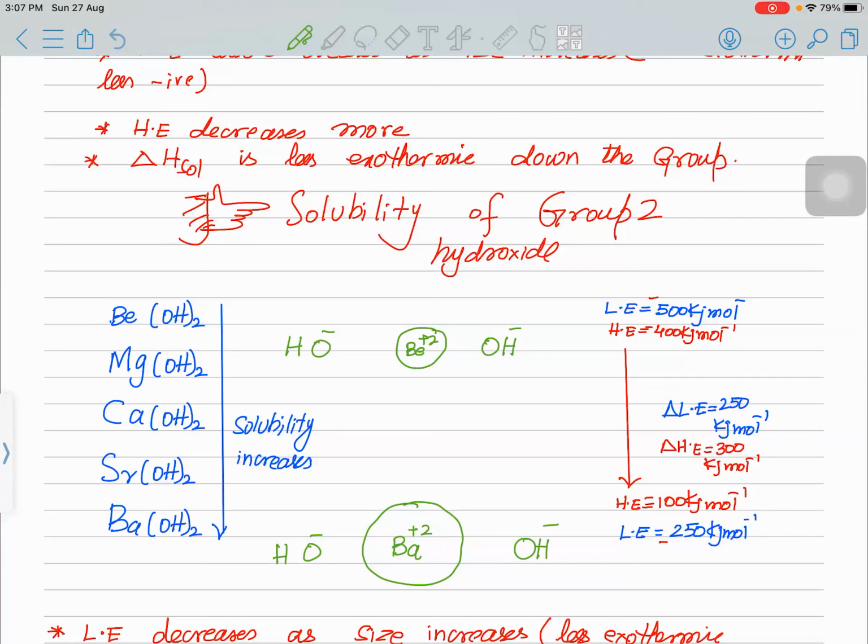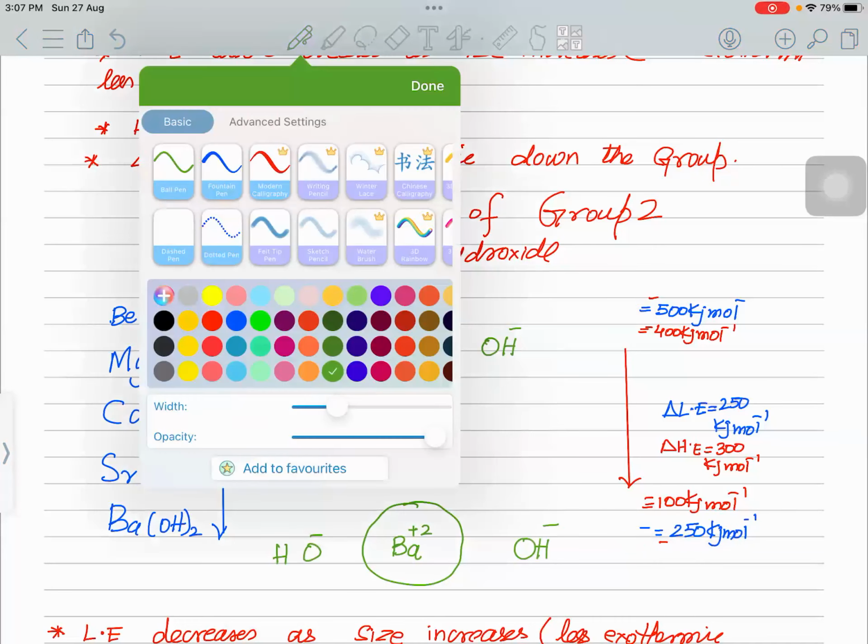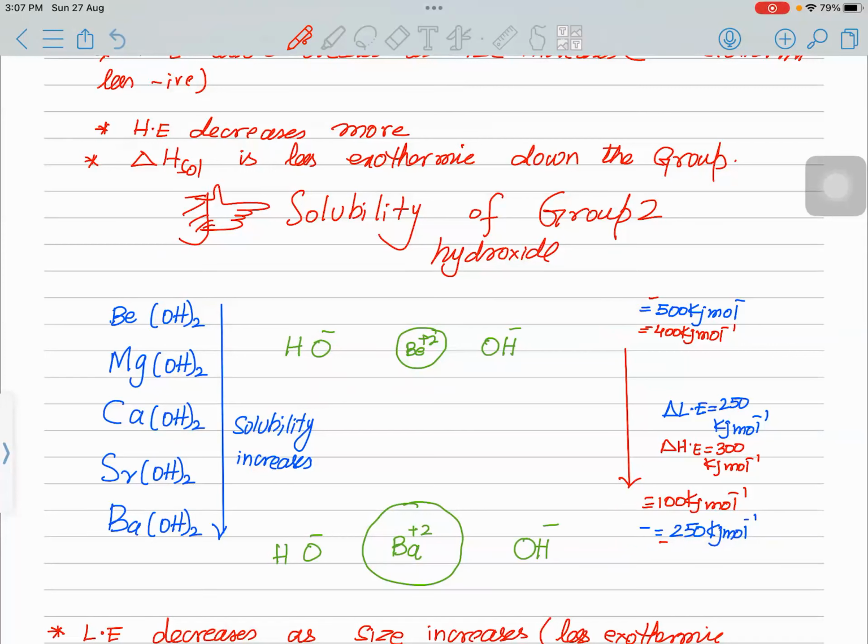So let's suppose now we change the values. Here we have delta H hydration energy.